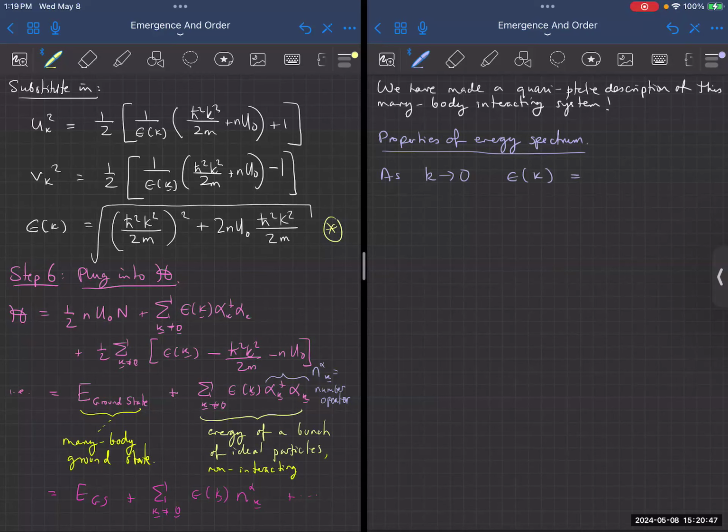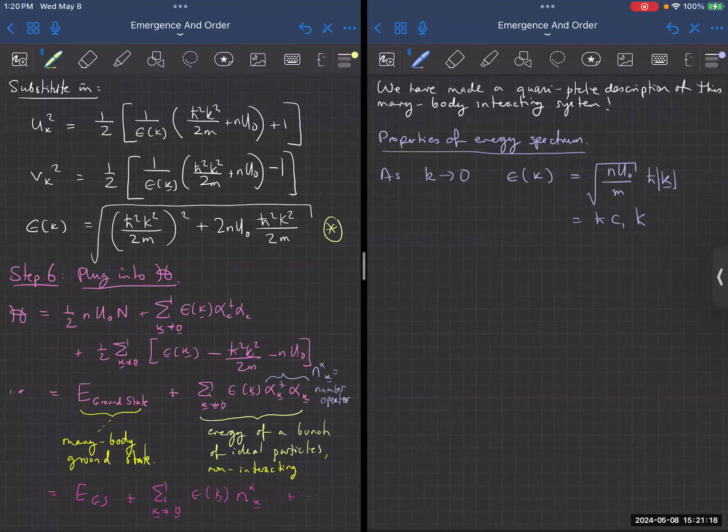It looks like the square root of n u naught over m times h bar k. And so I can write this as h bar c1 k, where this is the speed of sound.